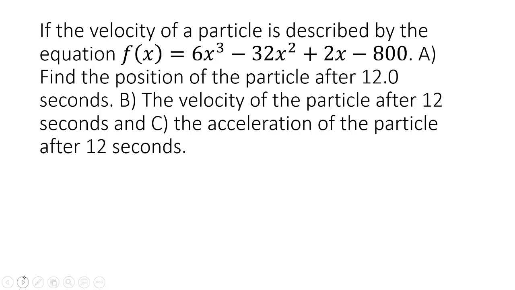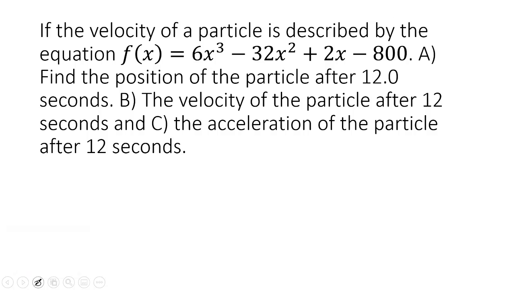It says the velocity of a particle is described by the equation 6x cubed minus 32x squared plus 2x minus 800. Find the position after 12 seconds, and the acceleration after 12 seconds.